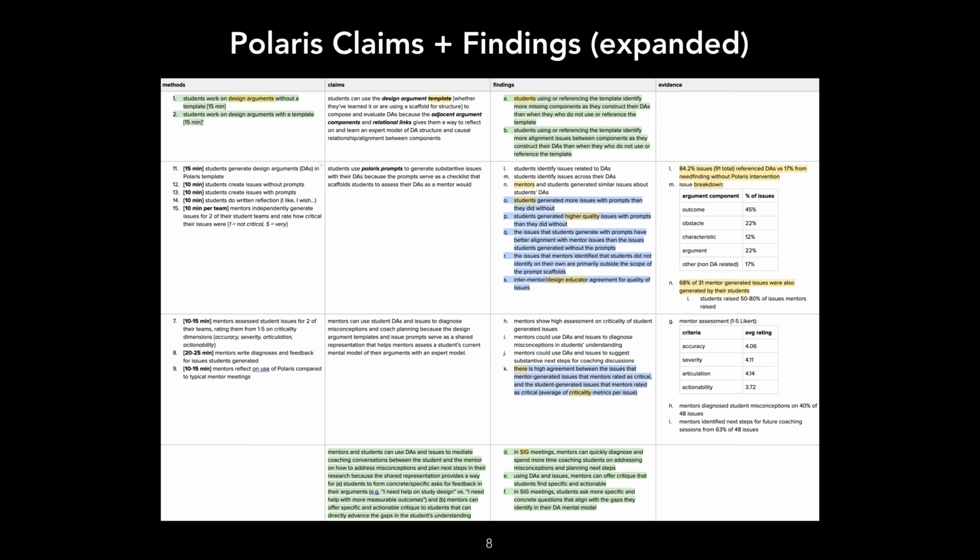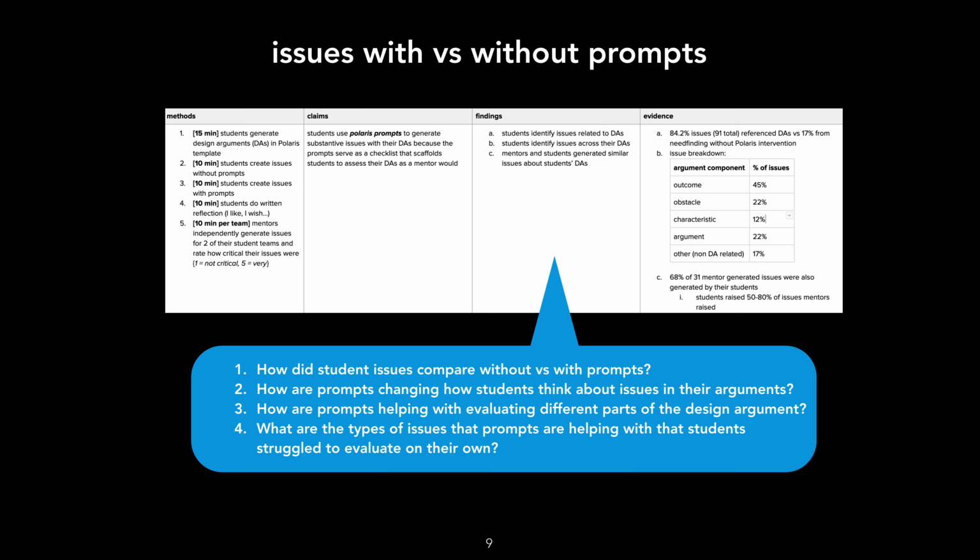So specifically, I focused in on the use of the Polaris prompts themselves. Since the experimental setup was really designed as a sort of pre-post of how students generated issues using the Polaris template, first without the prompts and then with the prompts, I thought it would be interesting to think about how student issues compared when they generated these issues without prompts and then with prompts.